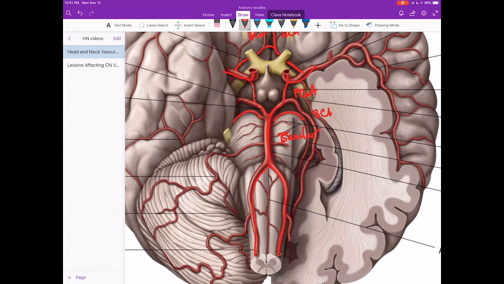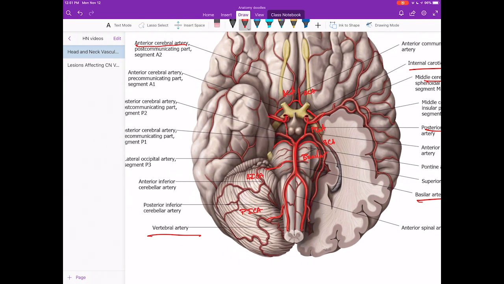And then the AICA and PICA. So here is the anterior inferior cerebellar artery, and then off of the vertebrals is the posterior inferior cerebellar artery, the AICA and the PICA. They're just fun to say.